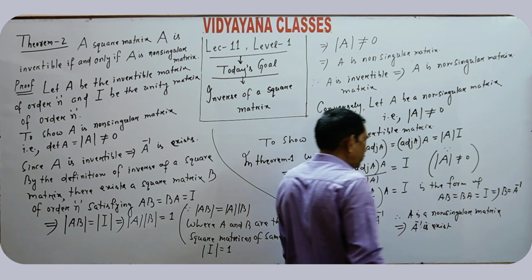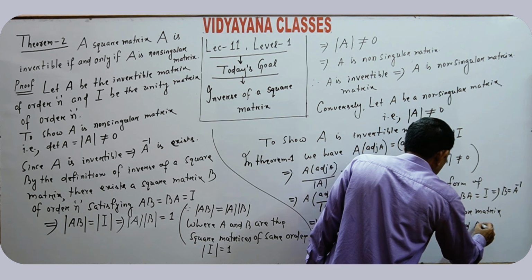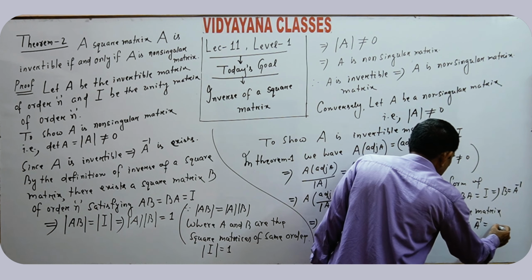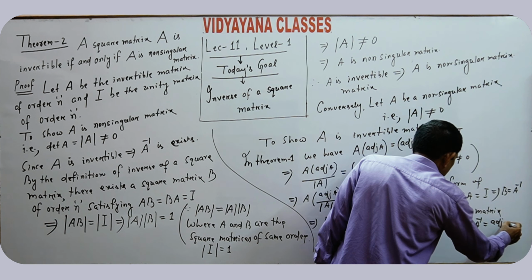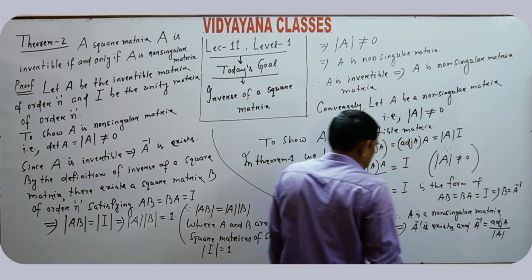That means A is invertible and A inverse is equal to adjoint A divided by A determinant. Hence proved.